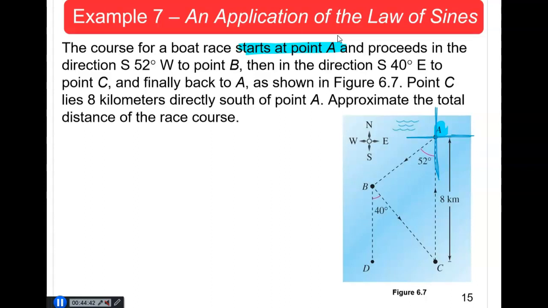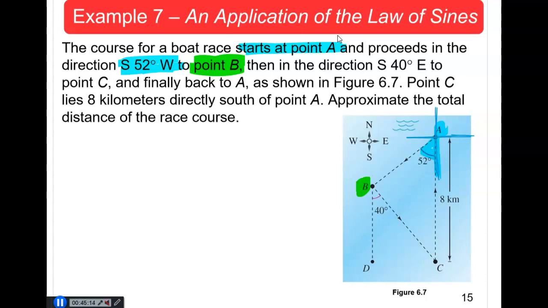So it will be here, south and then 52 degrees in the west direction. So I'm going to the left. So that will be the bearing that comes from there, south 52 west, to point B. So now we're moving to another point here.